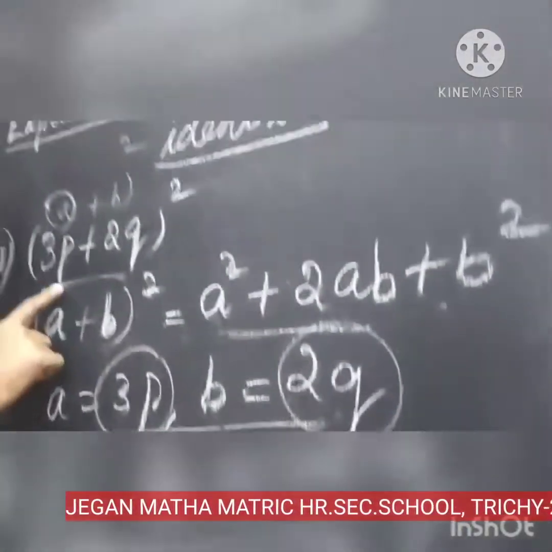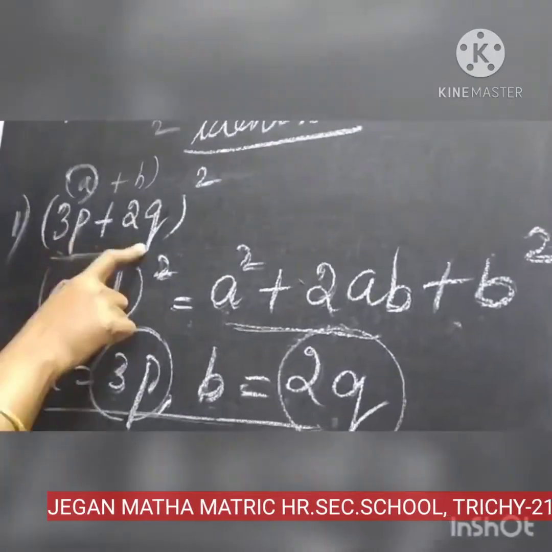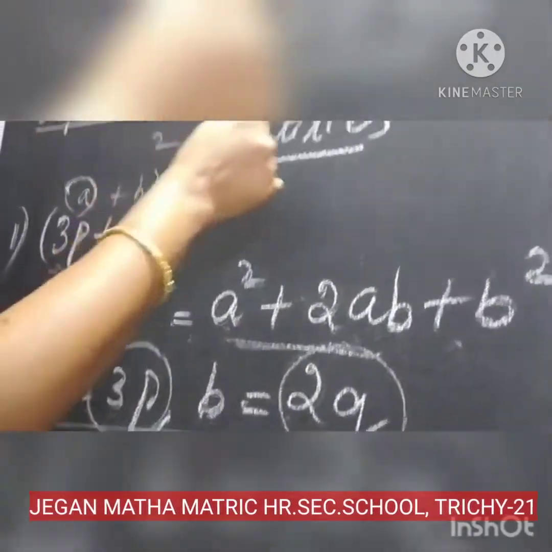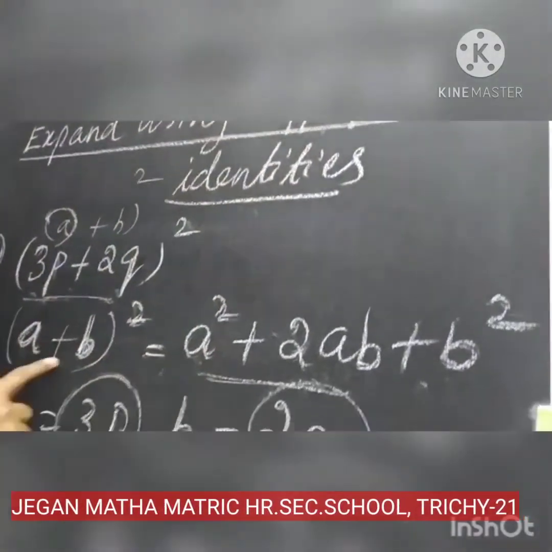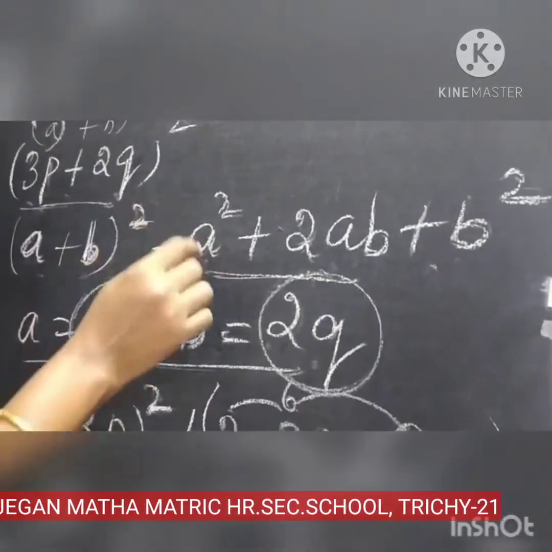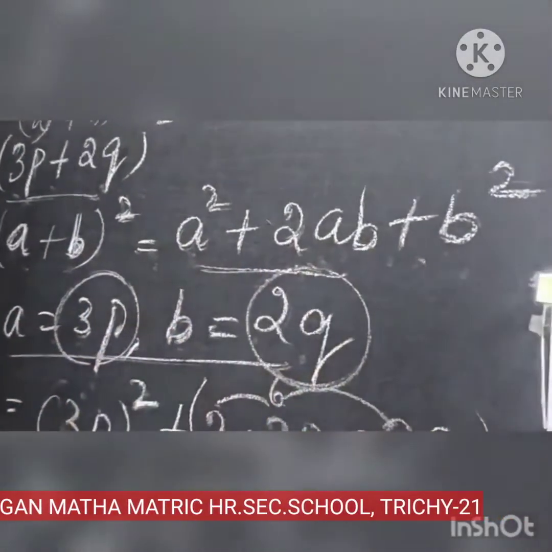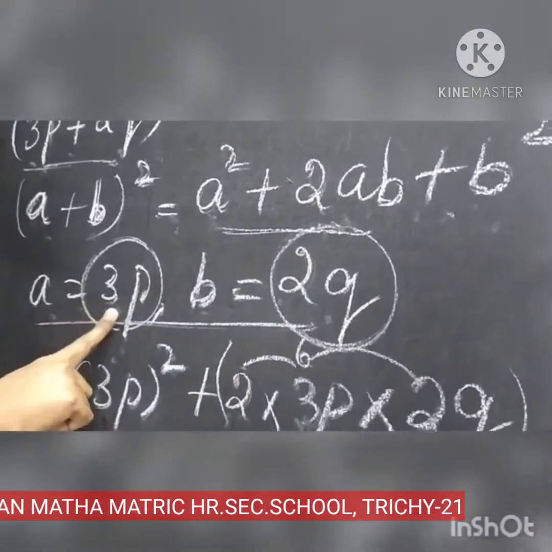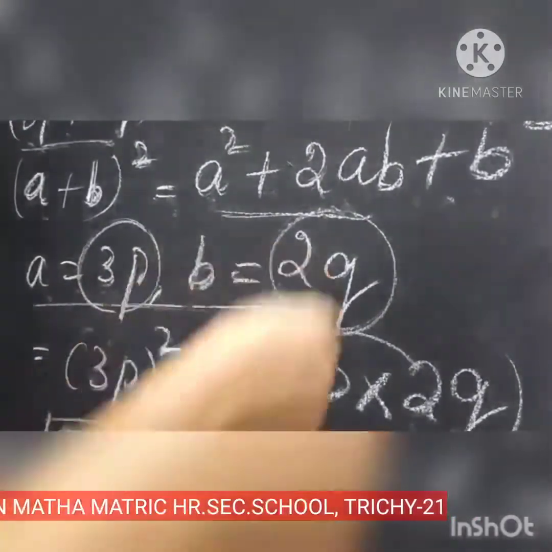Listen, again I am telling, the given sum is (3p plus 2q) the whole squared. First find out the appropriate identity. (a plus b) the whole squared, the answer is a squared plus 2ab plus b squared. So instead of a you apply 3p, instead of b you apply 2q.